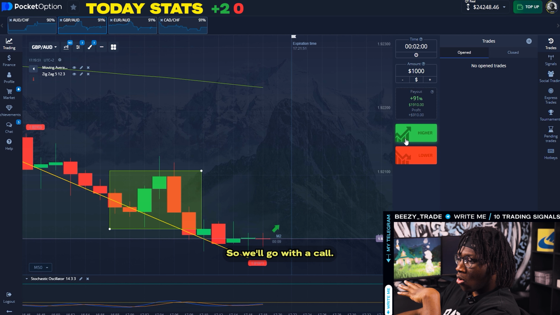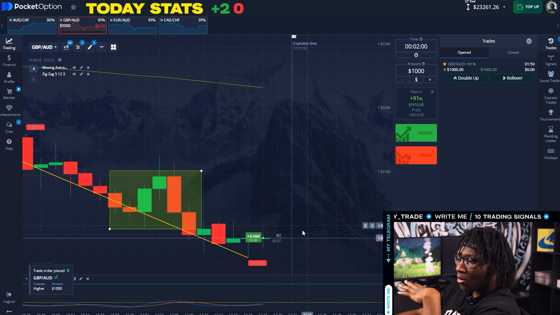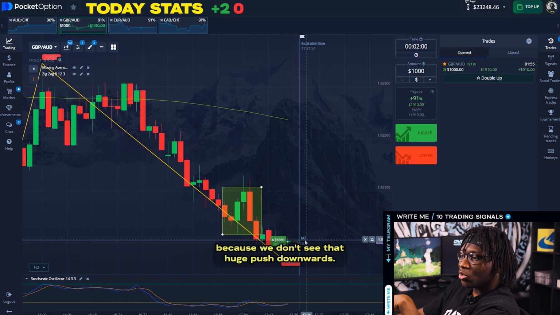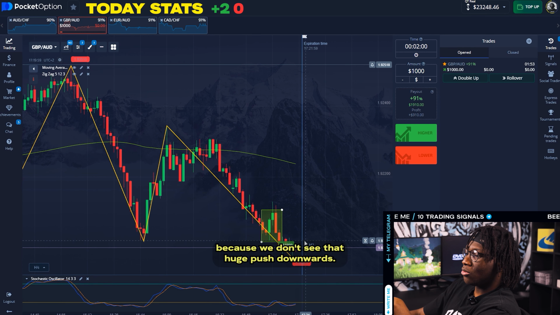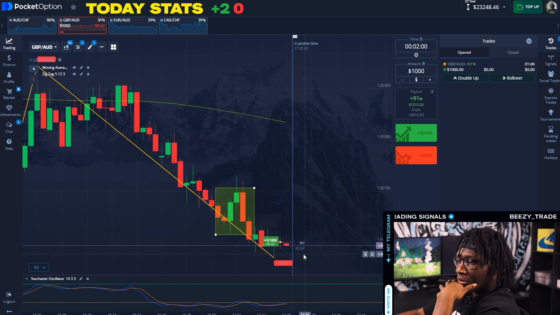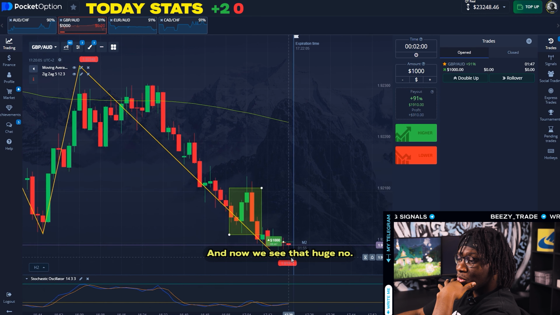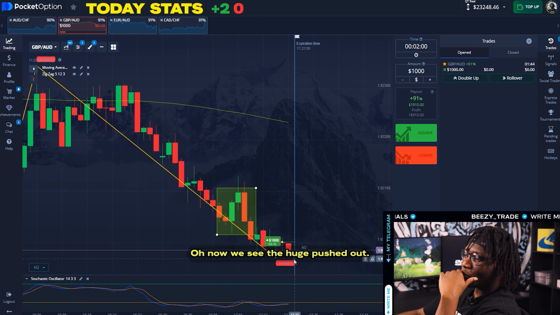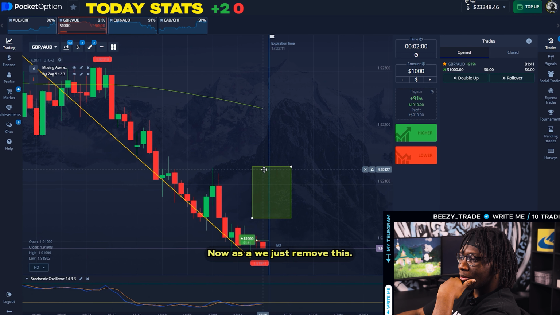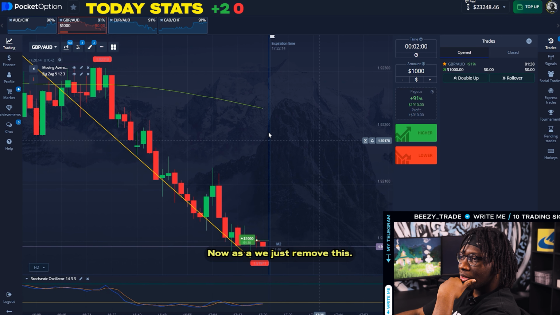So we'll go with a call, only because I think that the sellers don't have it either, because we don't see that huge push downwards. And now we see the huge push downwards. I will just remove this.